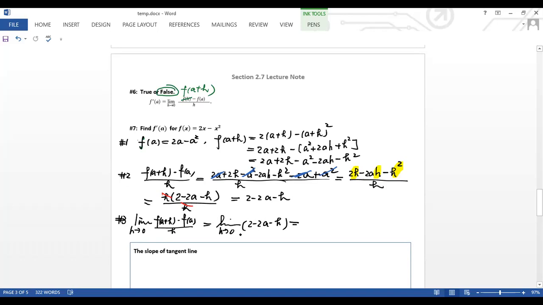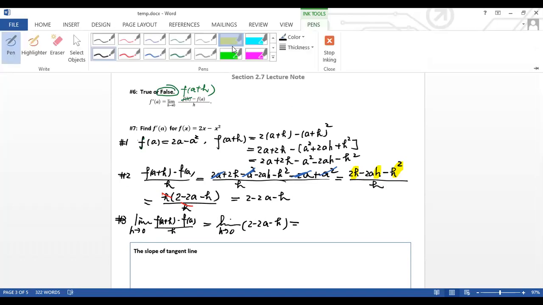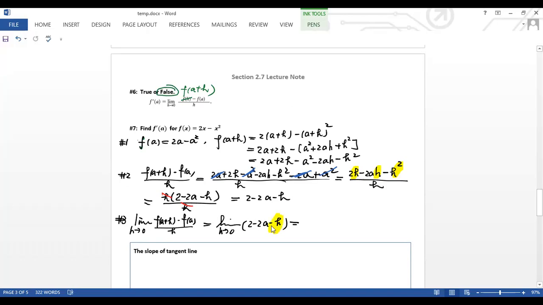So here, this h becomes zero, right? So what is my answer? It is 2 minus 2a, right? So that's your general answer. So you can find a equal to 3, equal to 4, equal to 0.1. So you can find the derivative for any value of a here.